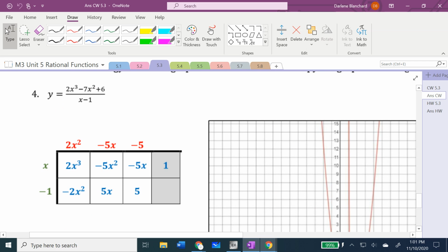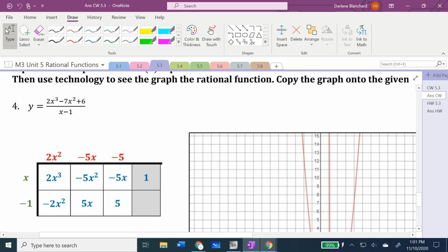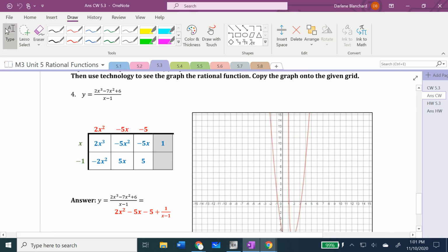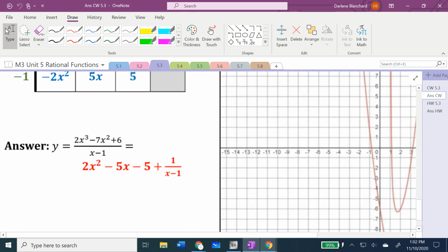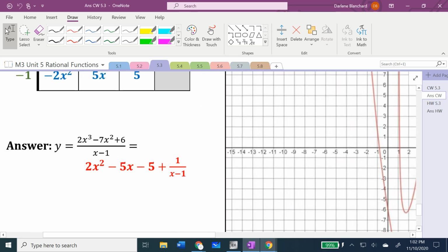I had you graph this, and it apparently frightened some of you. You were like, that's horrible. This is an example where the numerator polynomial is greater than the denominator polynomial. I want to point out to you that when you do division, you get a quotient.